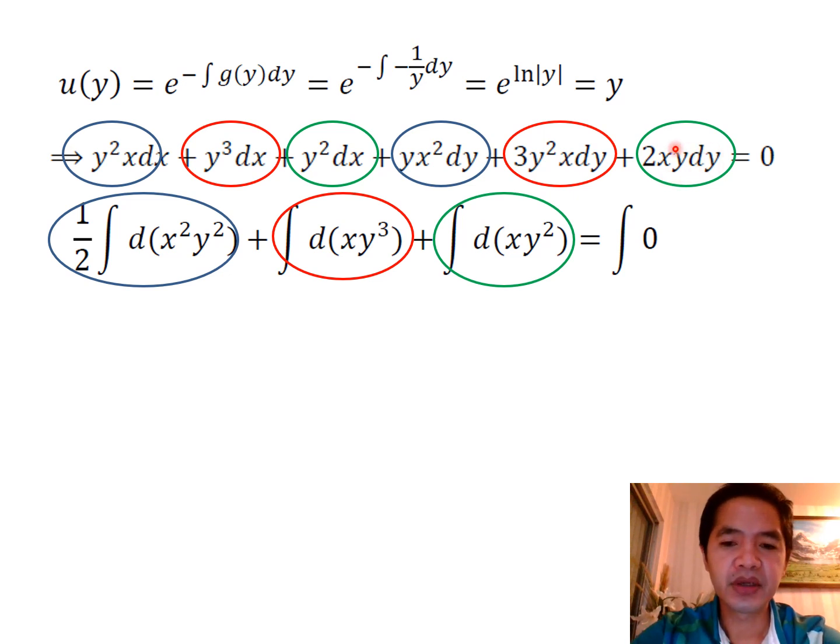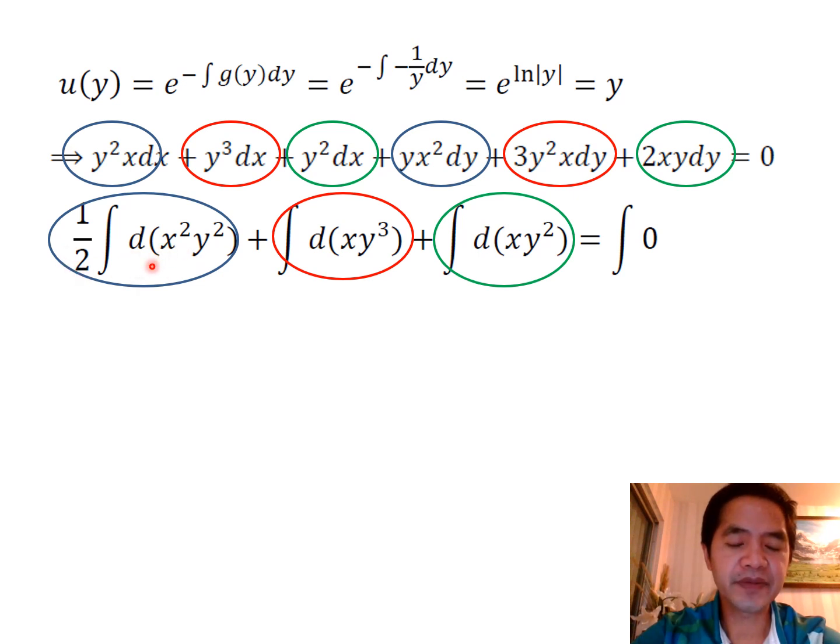Now when you combine each combination, we get x squared times y squared. And you look at this, there's 1 over 2 here. You know why?